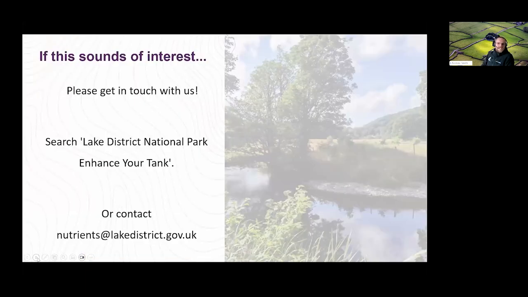If any of that sounds of interest, get in touch with us. Just do a Google search, or whatever search engine you like, for Lake District National Park, Enhance Your Tank, and that'll take you to our website, and you can see the details on there, or you can contact us. There's an email address there, nutrients@lakedistrict.gov.uk.